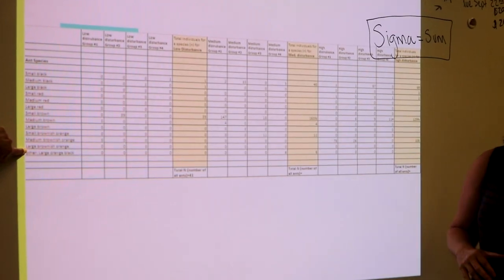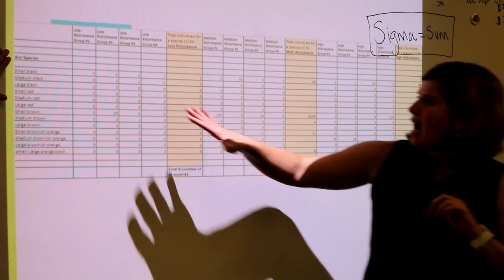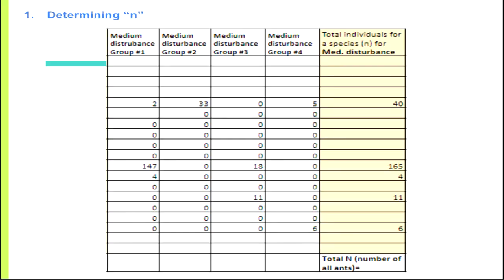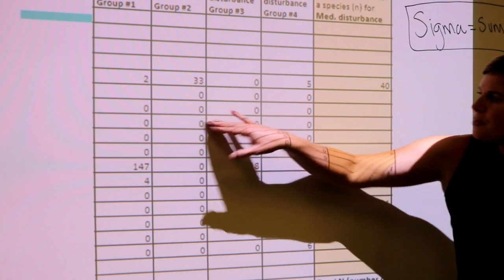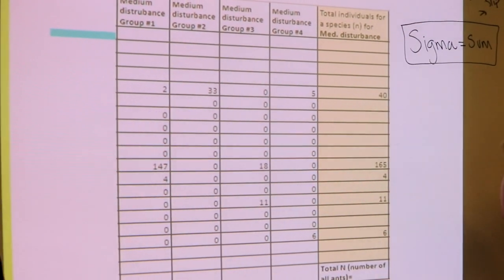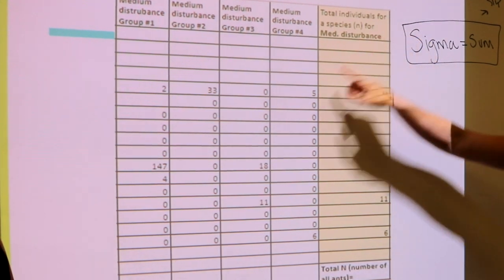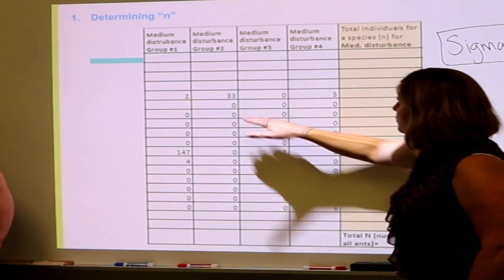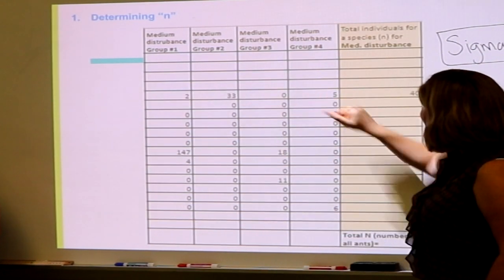And we're looking at medium disturbance. So these are all the different types of ants that were found by the different groups that were studying medium disturbance. So the little n is the total number of each of those same type of ants. So if we go across the row, we're going to add those together.